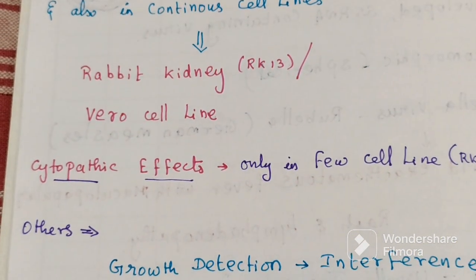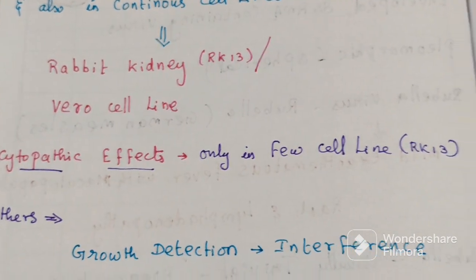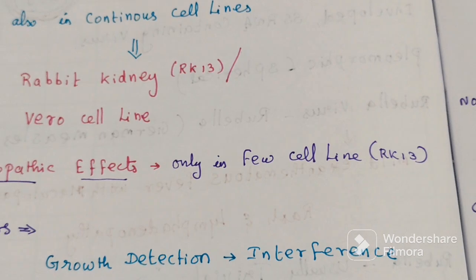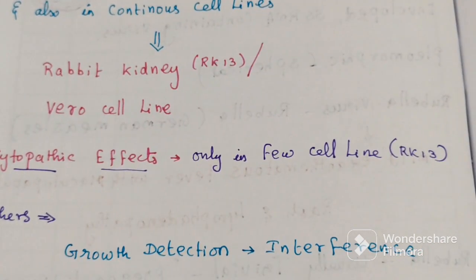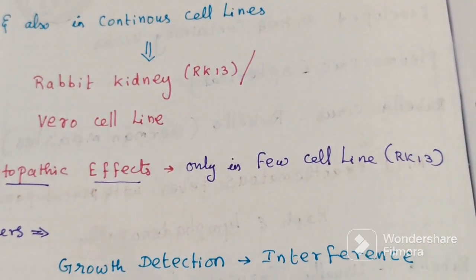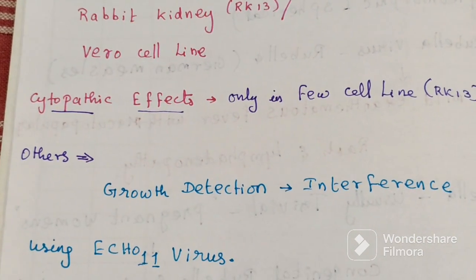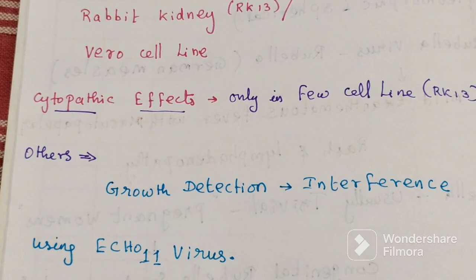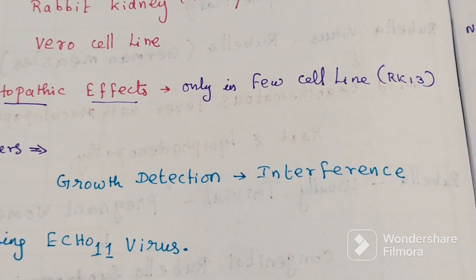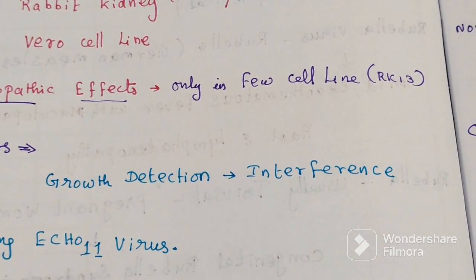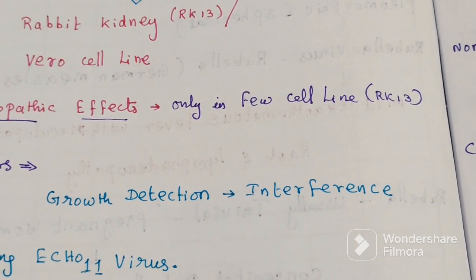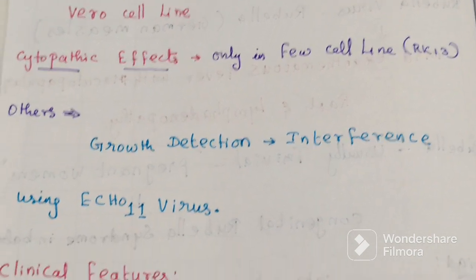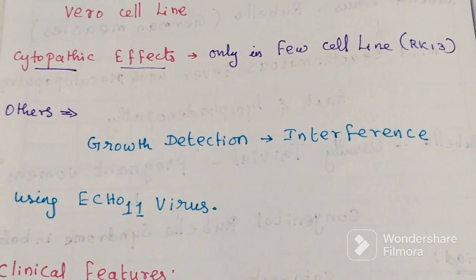The cytopathic effect is produced only in a few cell lines like RK13. For detection of growth in other cell lines, we use the interference method.